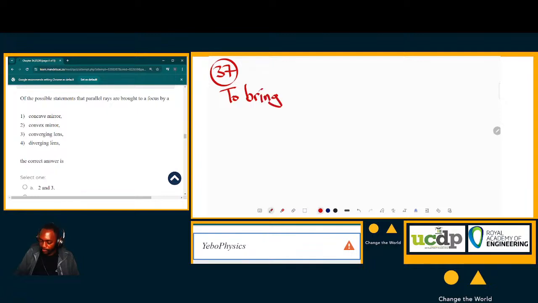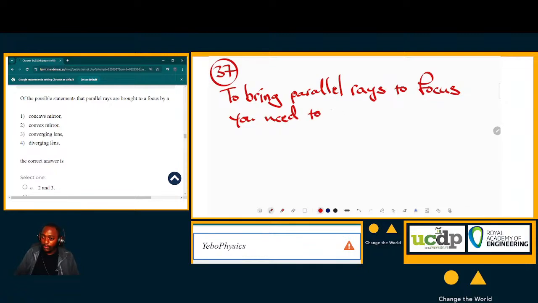To bring parallel rays to focus, you need to converge the rays.